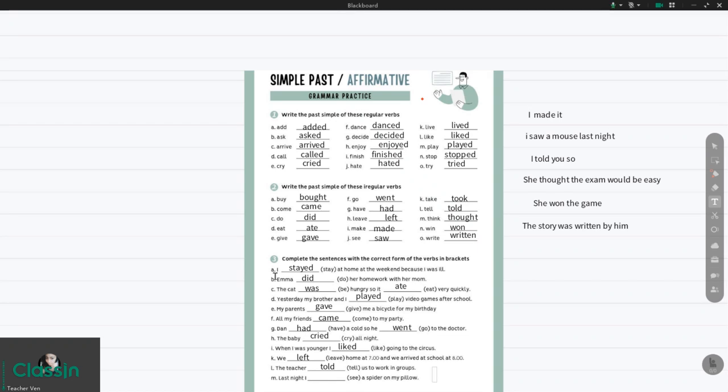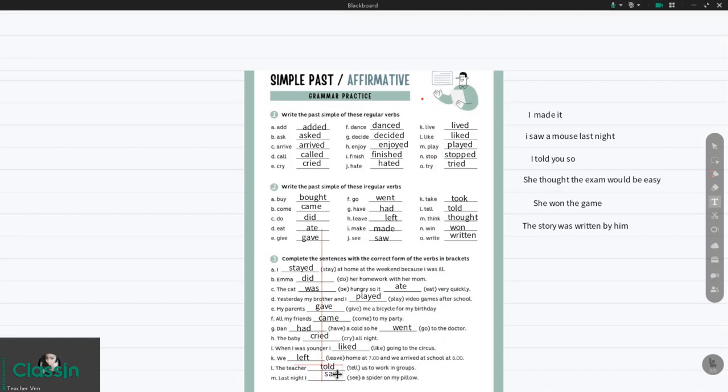Okay, let's find it here. Okay, I can see it. Letter J here. See becomes saw. Right. We can write here the verb saw for see, right? The simple past form.